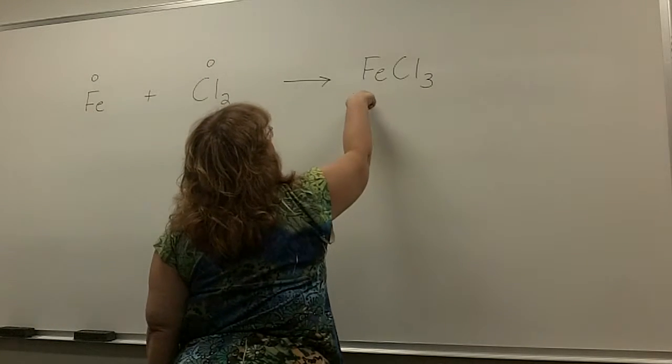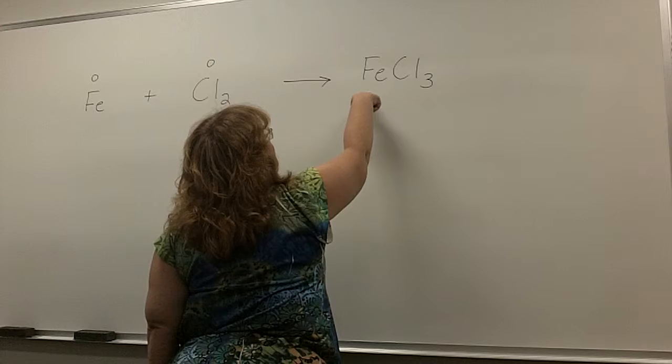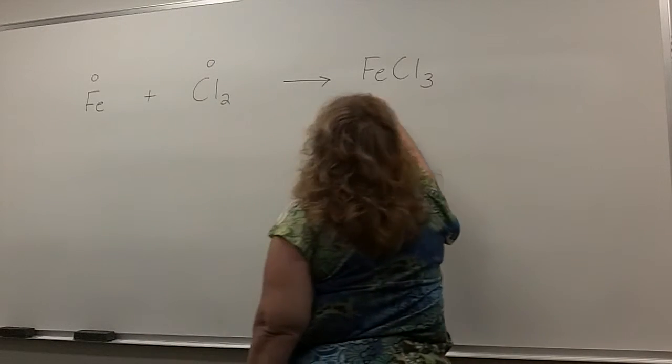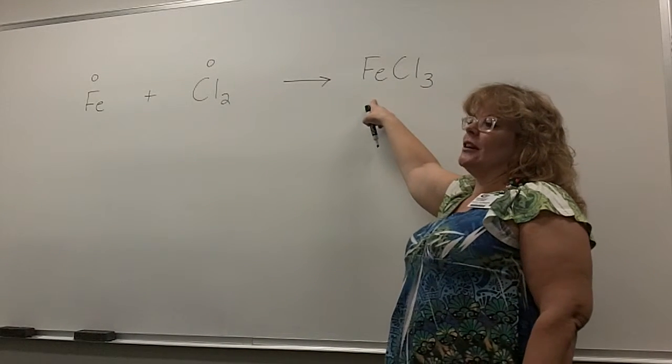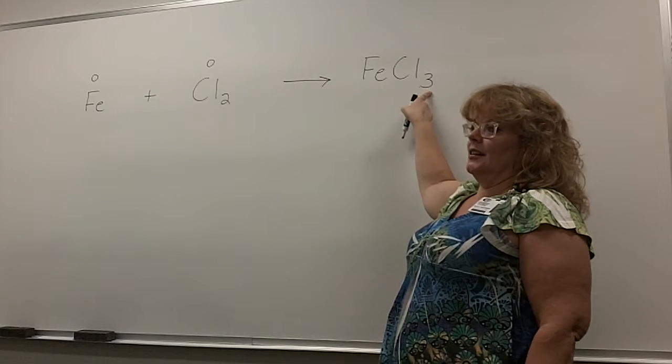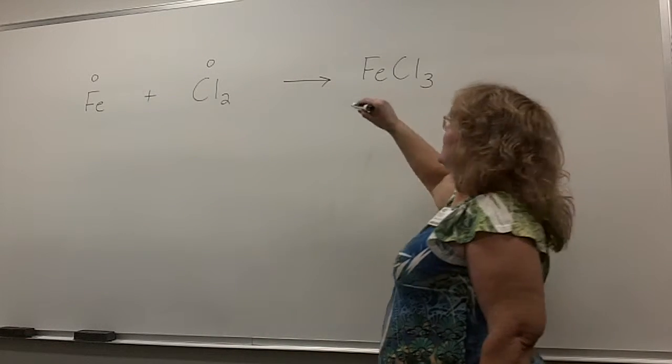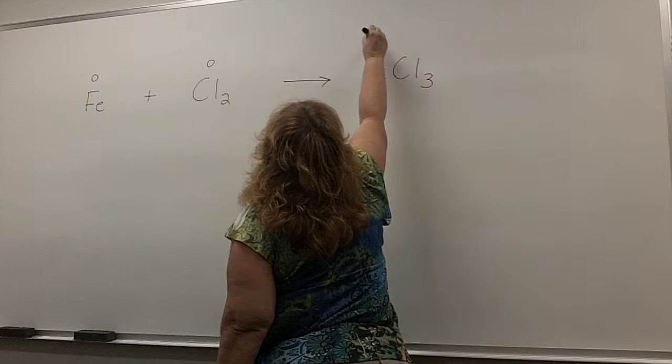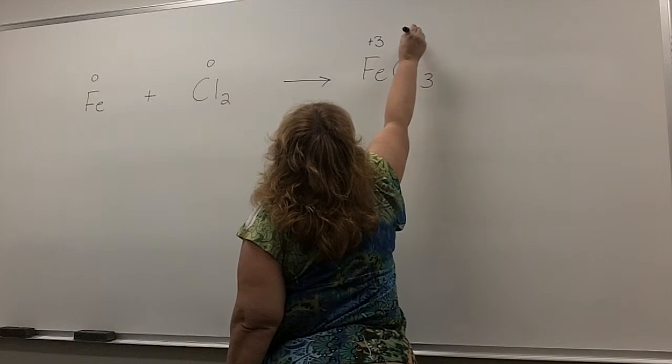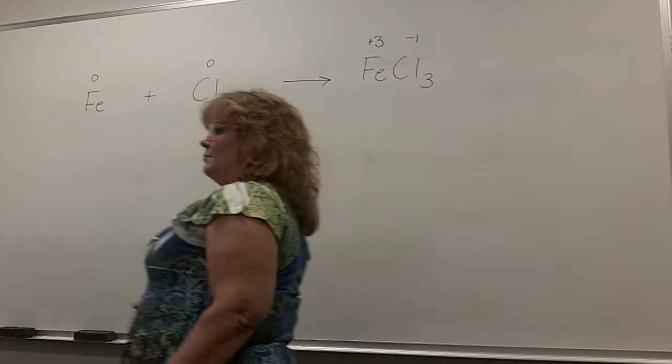What about here? Is it iron 2? Iron's a transition metal. Must be iron 3. It's got to be +3. And then each chlorine is -1, but I have 3 of them.